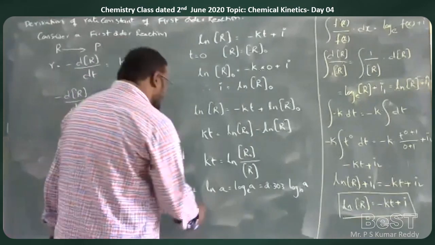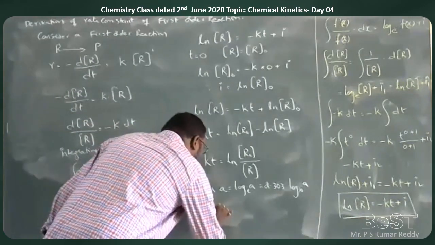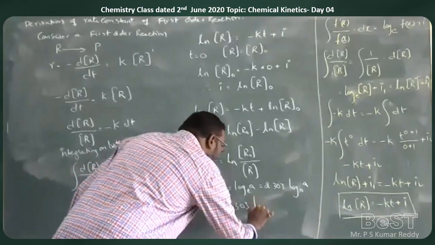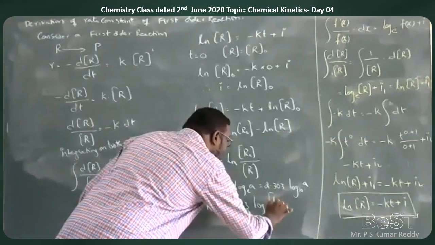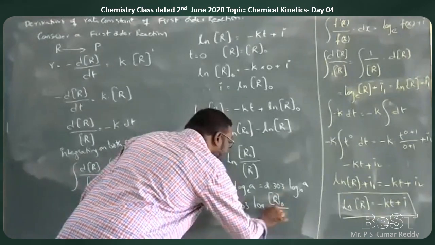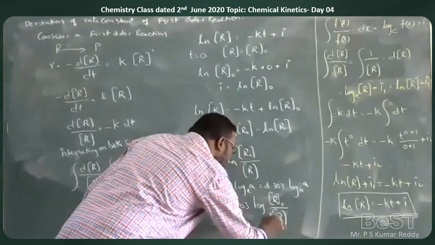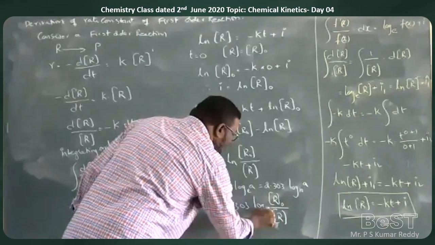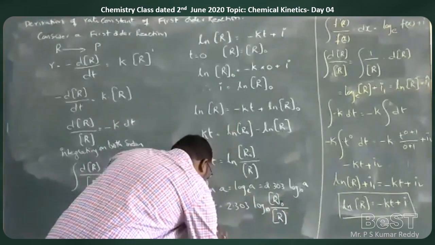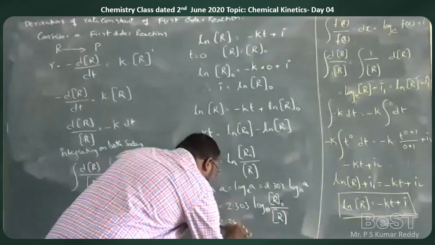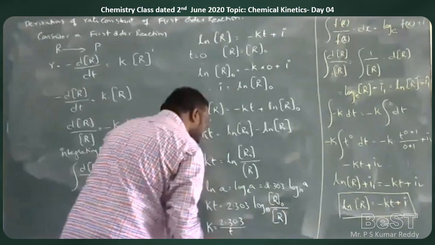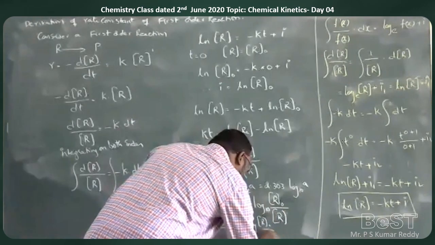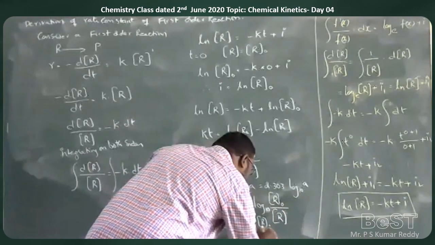So automatically I am getting kt is equal to 2.303 log of initial concentration by final concentration to the base 10. Or simply, k is equal to 2.303 by t log of R naught by R to the base 10.